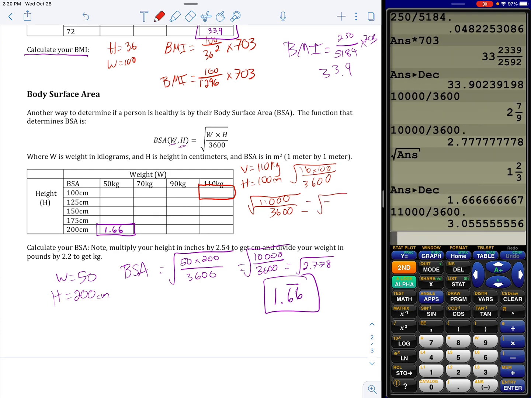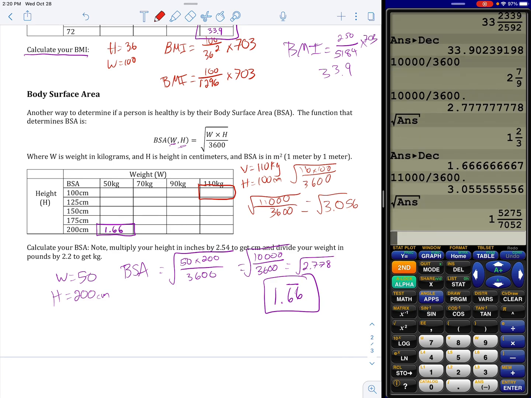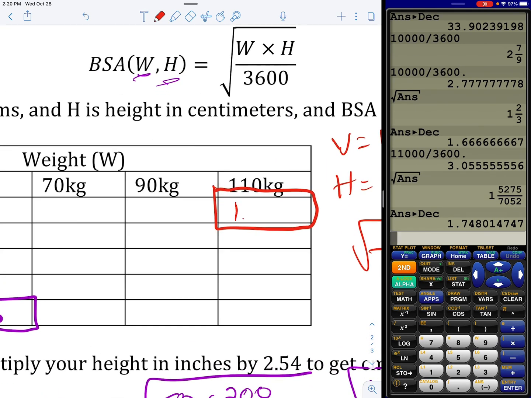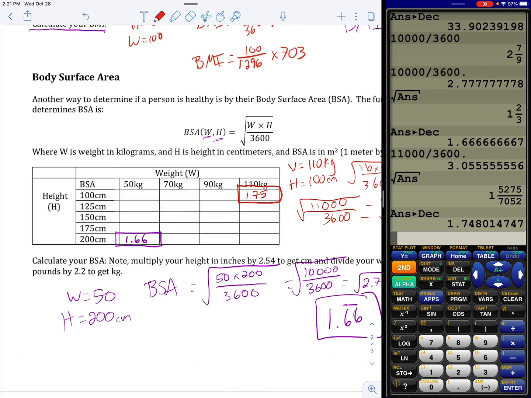So we have the square root of 3.056, which is 1.75 meters squared.